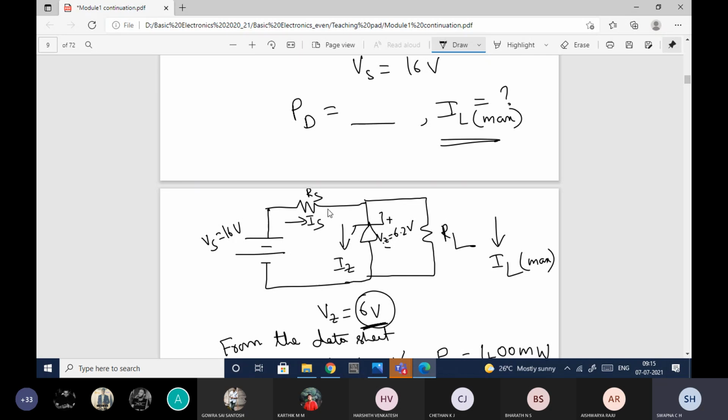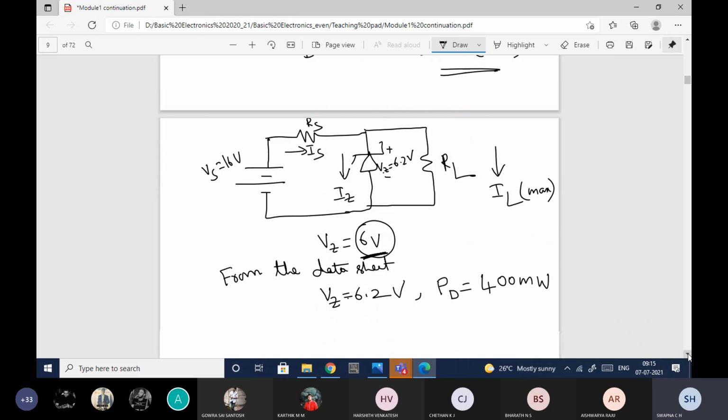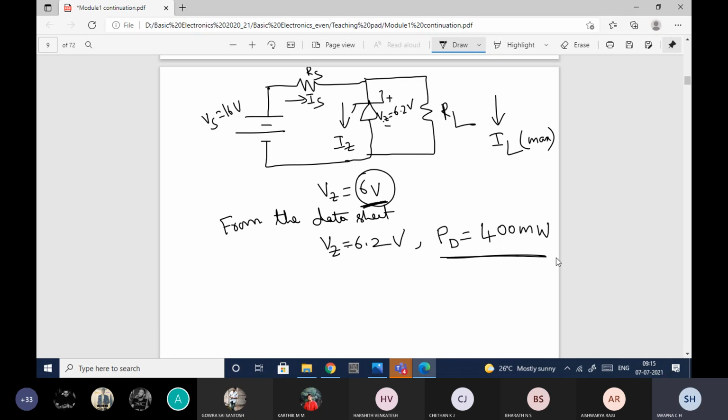If I want to know RS, I need to check from the given parameters. Here the power dissipation of the Zener diode is 400 milliwatt. As I've already explained, PD is nothing but Vz into Iz maximum, so power dissipation in the Zener diode is calculated using this equation.